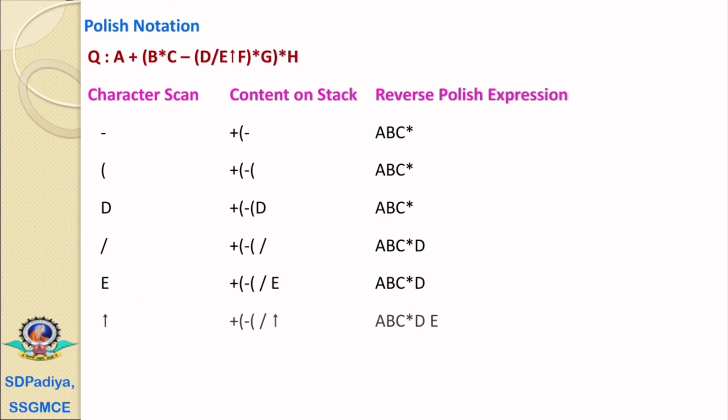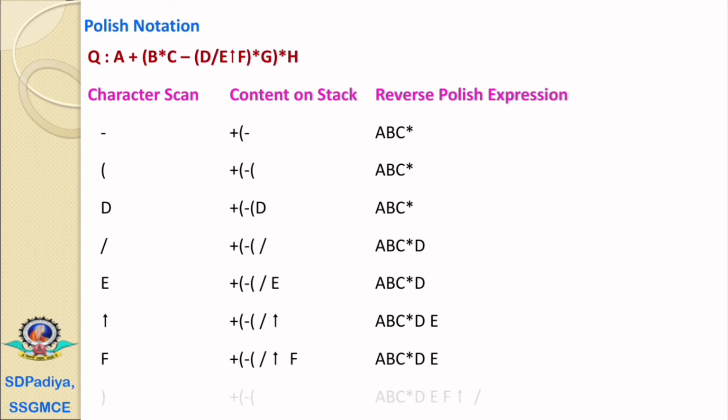Next is the upward arrow. Again it is an operator, that's why first we pull the previous scanned operand from the stack to the expression. The next, capital F, we push it on the stack.